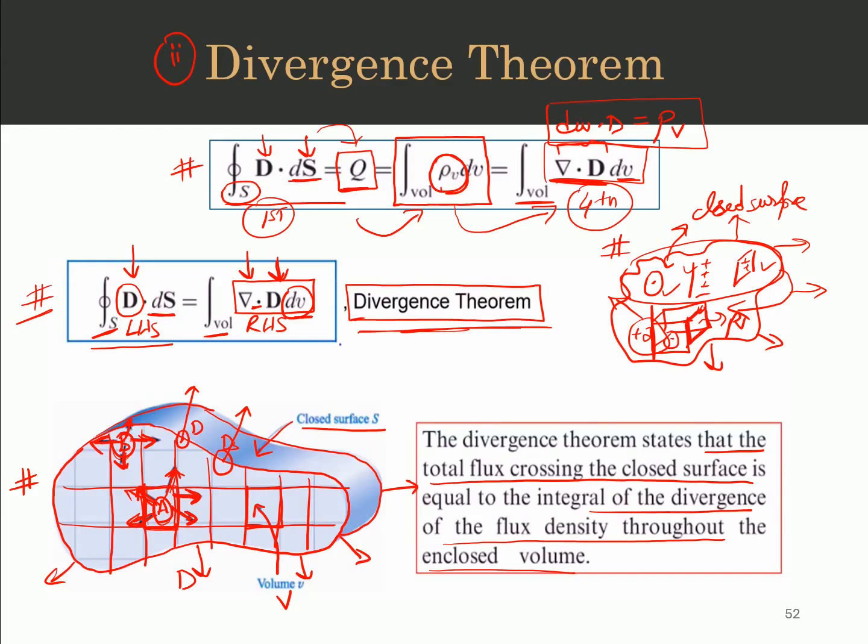Now if I want to find the effect of all these boxes, I can integrate it as a bigger integral. It will become the integration over V, which means I'm adding up the effect of the charges in these boxes as a whole. So I'm taking the integral of all these small boxes. How does it equate to the left hand side?